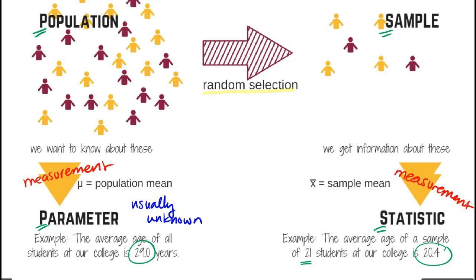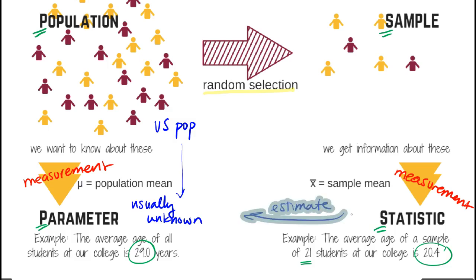Like if we're talking about a population instead of MESA students, if we're talking about the whole US population, and we were interested in something like how they felt about a particular ballot measure or what their age is or anything like that, there is no way for us to get all the information from the US population, which is why we need this sample. We want to be able to take some group that is representative of the US population and estimate what's going on. So usually we're doing an estimate with this, and that's what inferential statistics is all about.